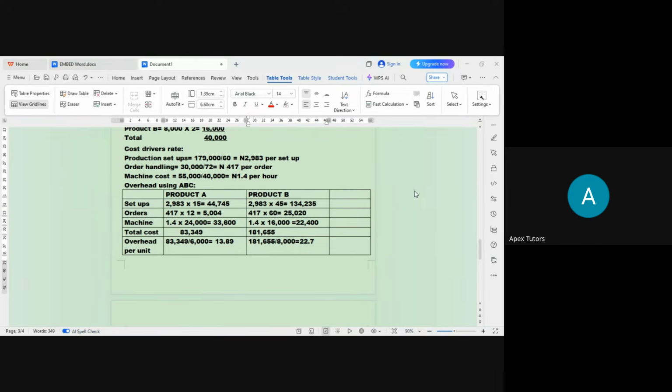So the question is same with that of November 2024. So I will solve this, then you solve that of last year. Some of us that wrote that exam last year and we are still here, you go and solve that question by yourself and note where you've missed it.